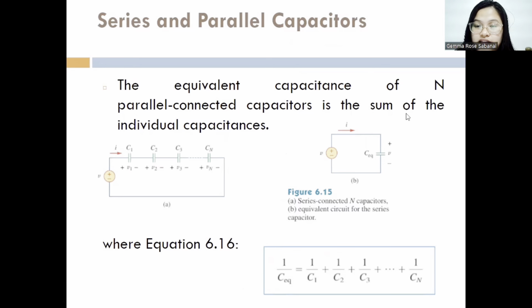The equivalent capacitance of n parallel connected capacitors is the sum of the individual capacitances.